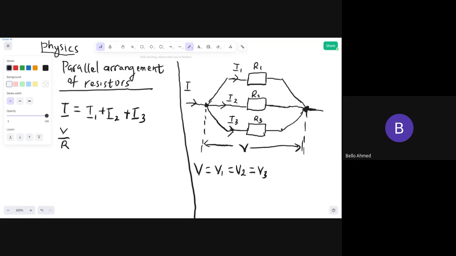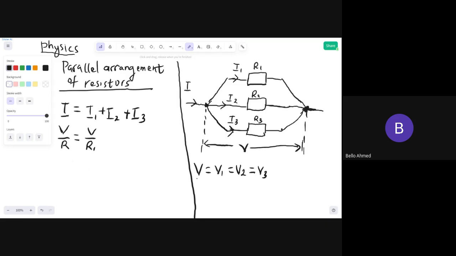But don't forget that this voltage is the same voltage, the same V1, the same V2, the same V3. So anytime I want to put voltage, I'm not going to change it because the voltage is the same. For I1, it's going to be V over R1. Why did I not say V1?